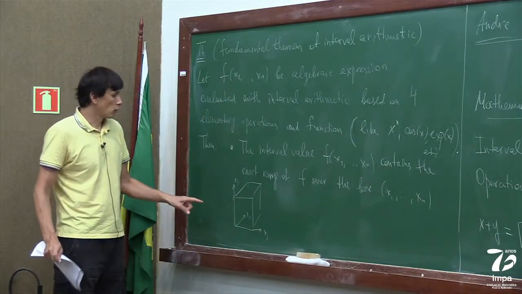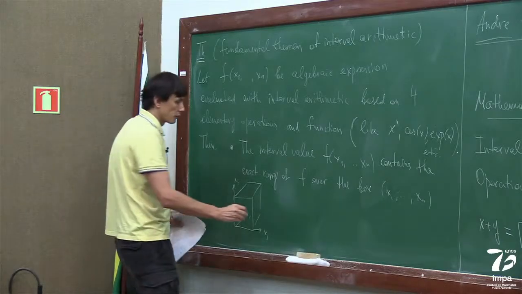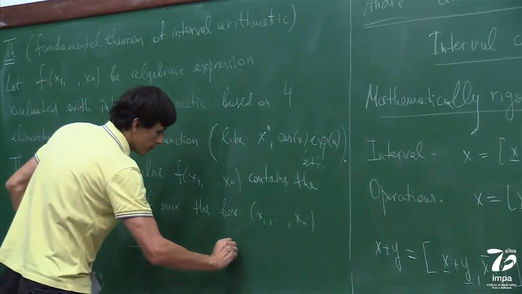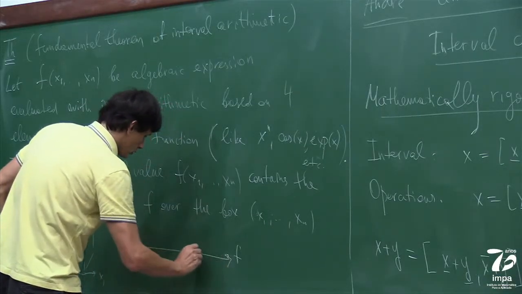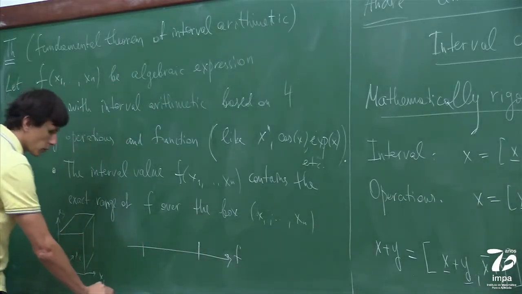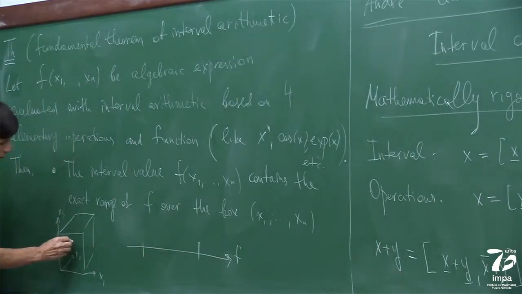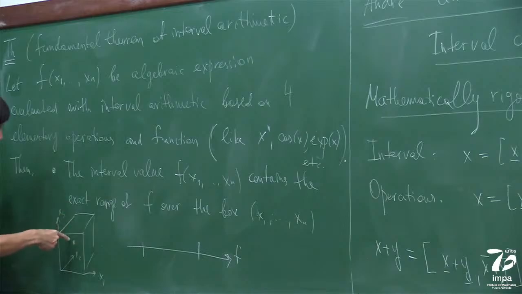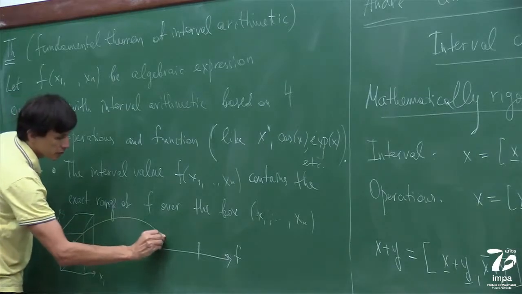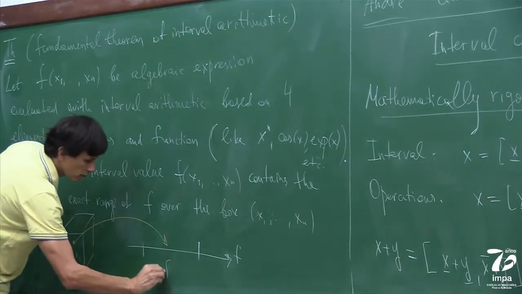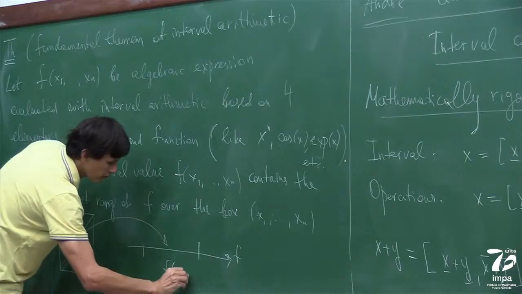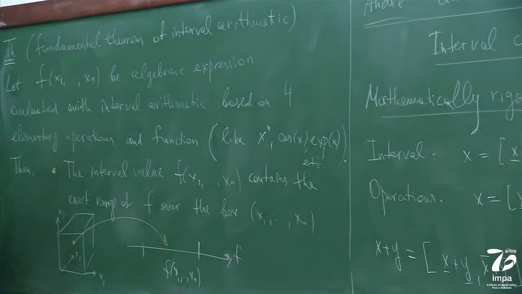And we guarantee that whatever interval we obtain for f with this computation, any point inside the box will be inside this interval. So that's an important property. We give intervals for each variable, so it gives you some volume, the box.